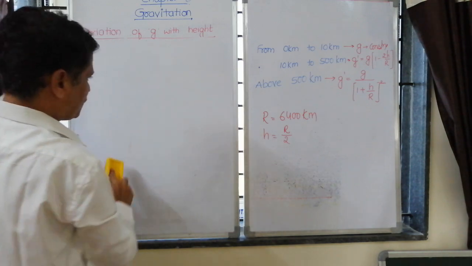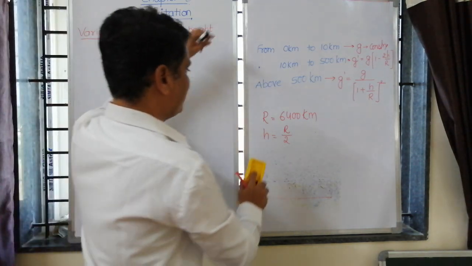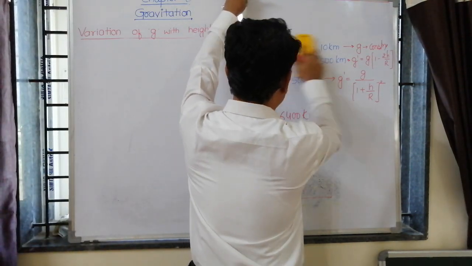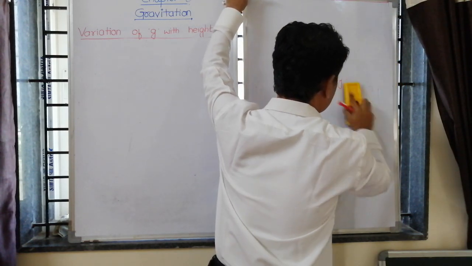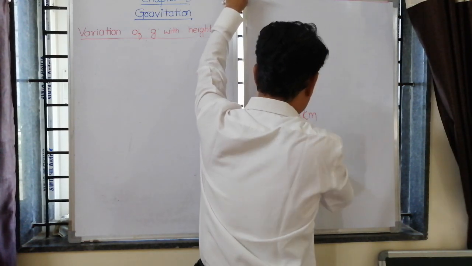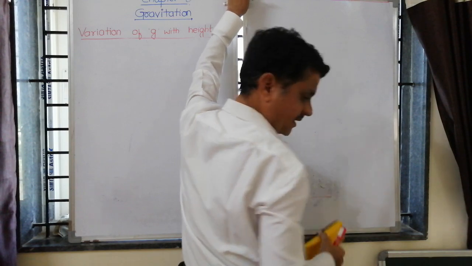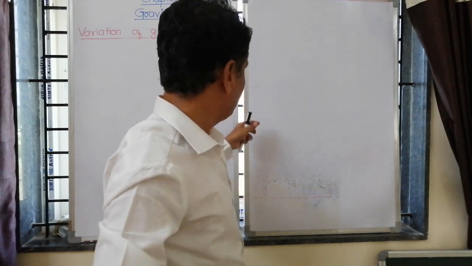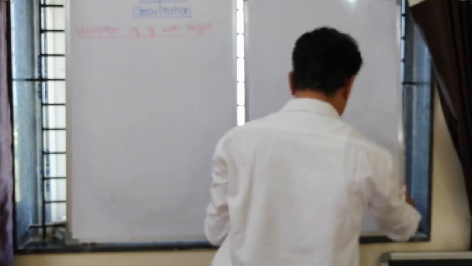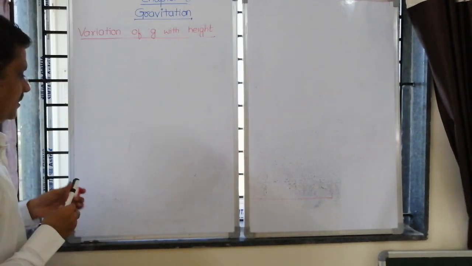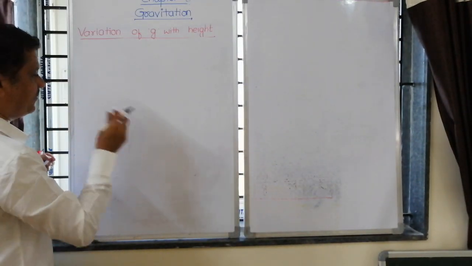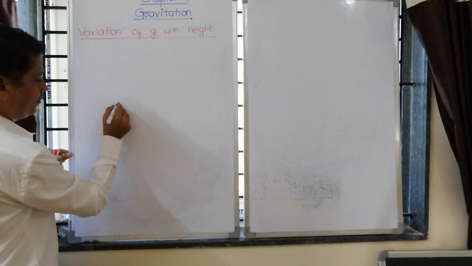Level 2 questions, I will solve when I am taking the law of conservation of energy concept. Or even though I will give you questions, you can see whenever you come across in the book.